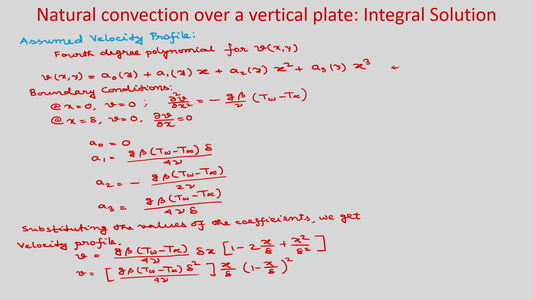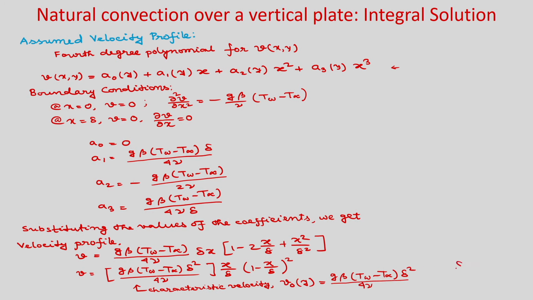So, you can see the first term on the right hand side, inside the bracket. Okay. So, this term can form the characteristic velocity. Now, we will say that it is the characteristic velocity V naught, okay, which is a function of y, and this is to be found from the solution. So, this is another unknown, g beta (T w minus T infinity) delta square by 4 nu.